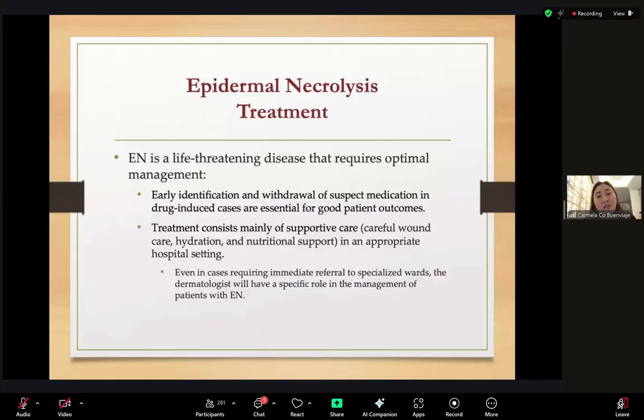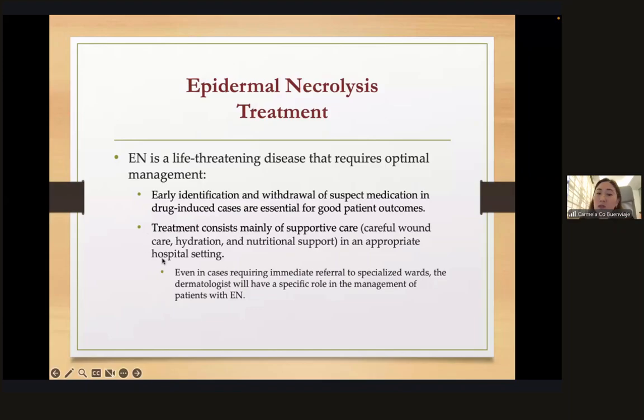Treatment consists mainly of supportive care, meaning careful wound care, hydration, nutritional support, and an appropriate hospital setting for these patients. Even in cases requiring immediate referral to specialized wards, the dermatologist will have a specific role in the management of patients with EN. So do not forget to co-manage with the dermatologist.